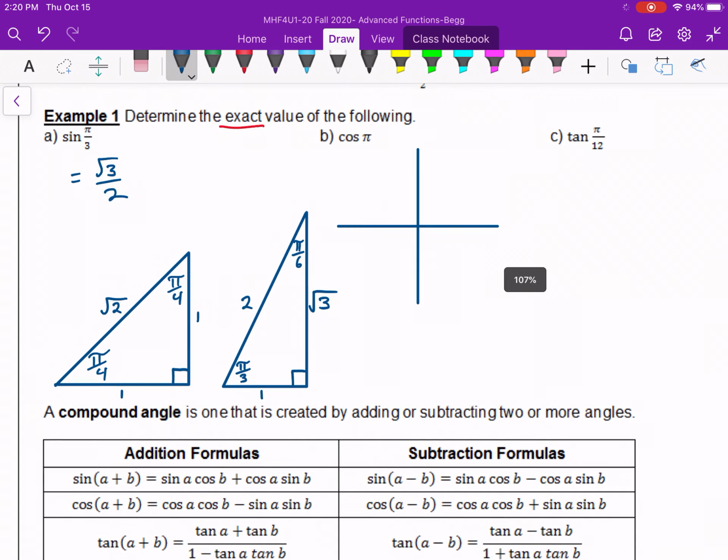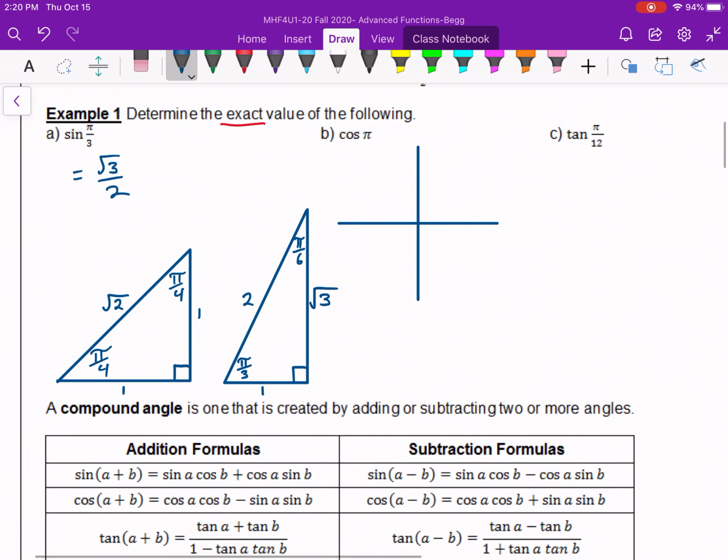And for that, an angle of pi means start at the positive x-axis and go all the way around until you hit the negative x-axis, because pi is the equivalent of 180 degrees, right? So we've got this initial arm on the positive x-axis over here. I'm going to do that in red. And then we've got the terminal arm, which is over here going the exact opposite direction.